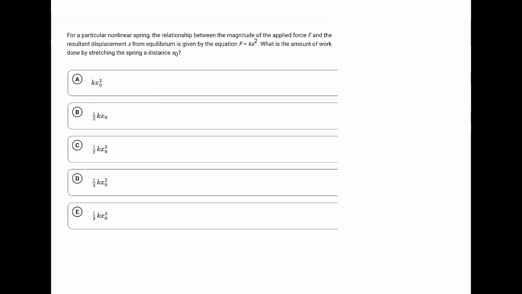We are given a force that is again variable, and we need to find what is the work if we stretch the spring for a distance xo. We remember that the work for a variable force is the integral of f times dx, so it will be the integral of k times x to the power of 2 times dx, so it will be k times x to the power of 3 over 3.